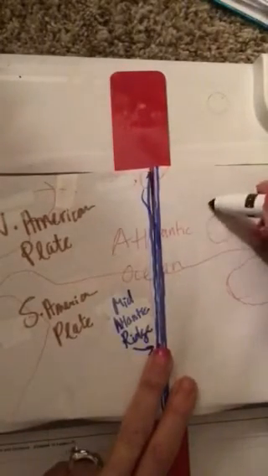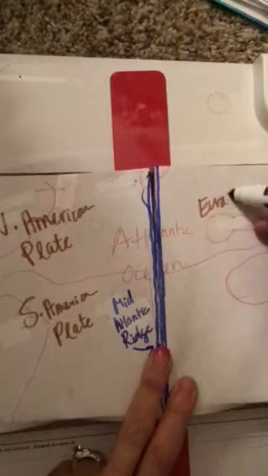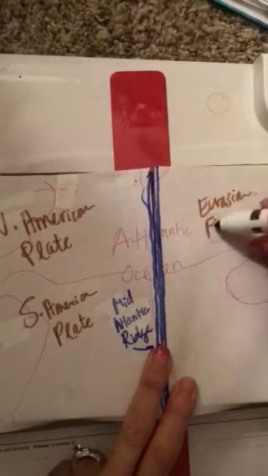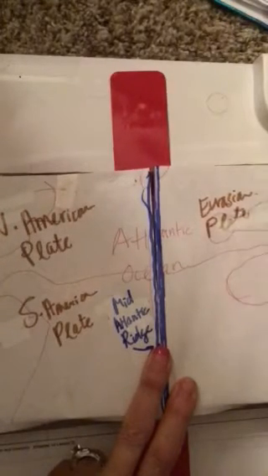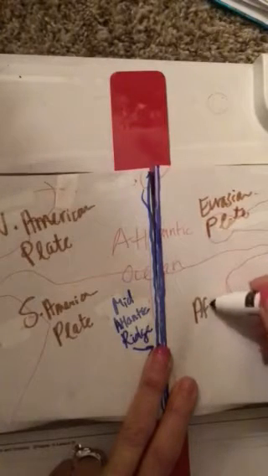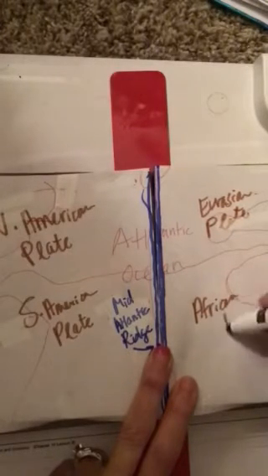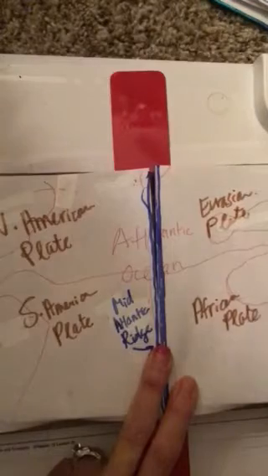Here is the Eurasian plate. And down here we have the African plate. So these other lines are just going to be where those plates separate. And then of course the mid-Atlantic ridge.